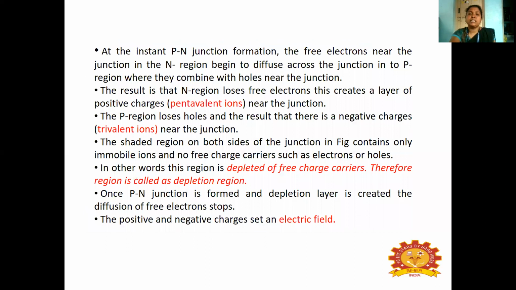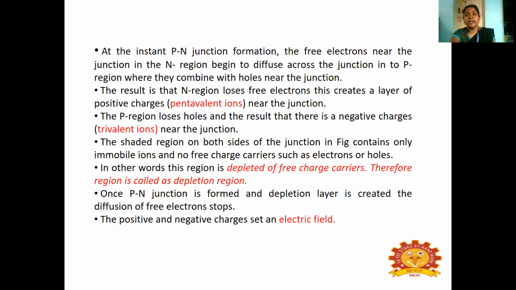And next, at the instant of p-n junction formation, the free electrons near the junction in the n region begin to diffuse across the junction into the p region, where they combine with holes near that junction. So they will combine with the holes also.